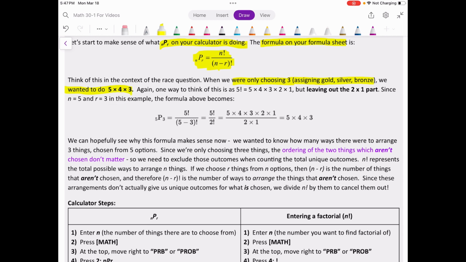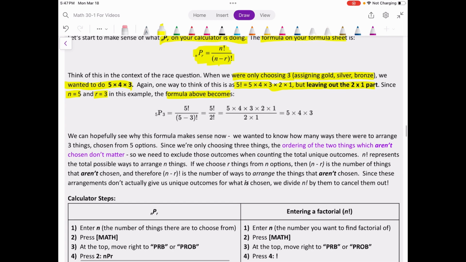And we can think about that as 5 factorial, except leaving out 2 times 1, right? Since n is 5 and r is 3 in the example, if we put in 5 as our n and 3 as our r, we get 5 factorial over 5 minus 3 factorial, okay?